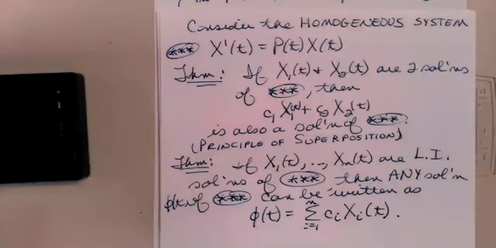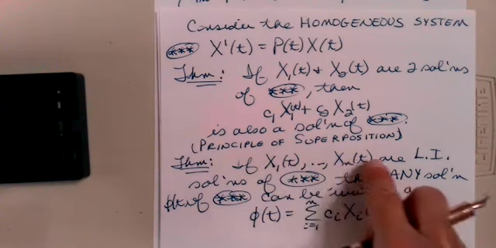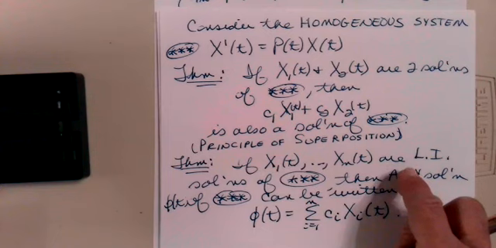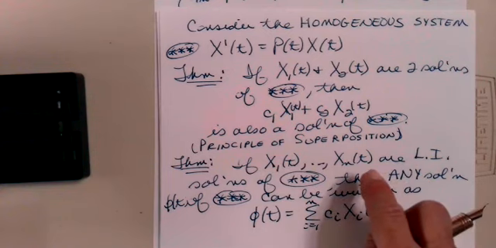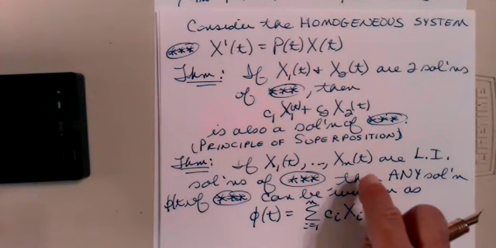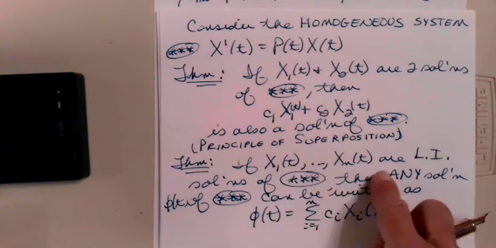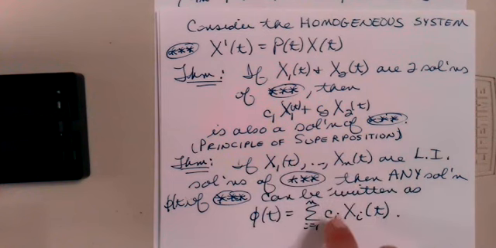In other words, if you know a little more linear algebra terminology, and I know a lot of you do, these xi, if you have n linearly independent solutions of a first order system of n equations, then those solutions form a basis for the solution space.